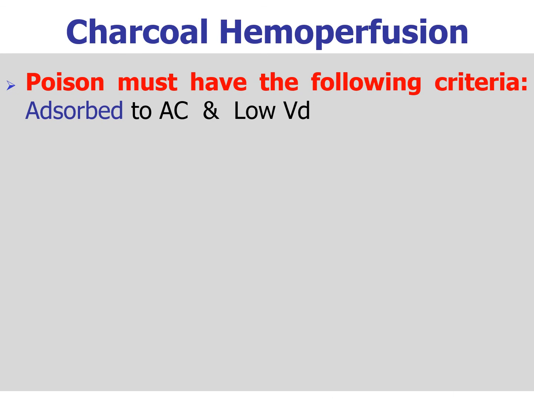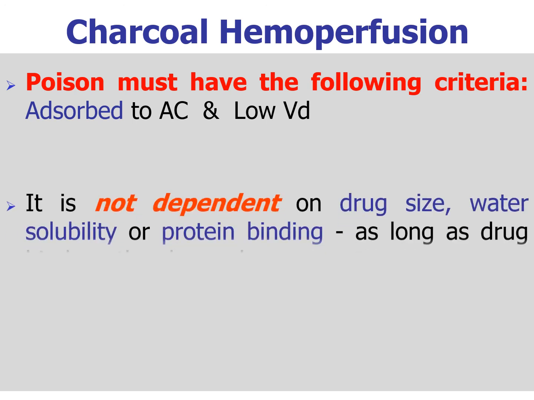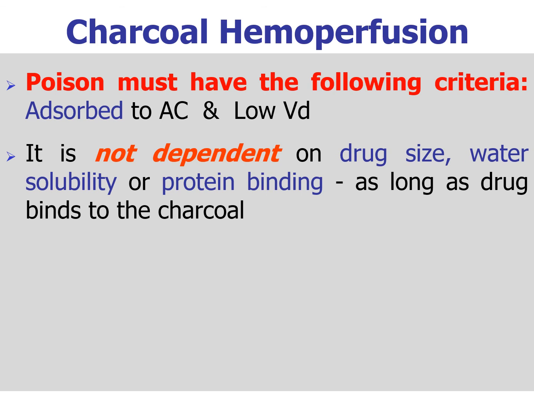So the criteria that must be present in the poisons eliminated by charcoal hemoperfusion are only two. Number one, to be adsorbed to activated charcoal, and to be present in the blood, so it must have low volume of distribution. Charcoal hemoperfusion doesn't depend on the drug size, water solubility, lipid solubility, or plasma protein binding.